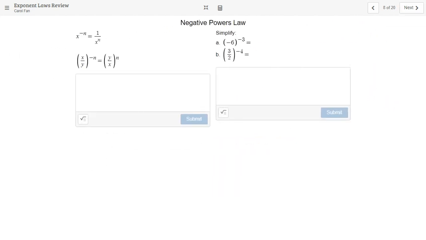The last power rule that we're going to review is the negative powers law. The negative powers law says that if I have a power that is negative, we can make it positive by flipping the base. So if I have x divided by y, and this is to the power negative n, it's equal to y over x to the power of n.